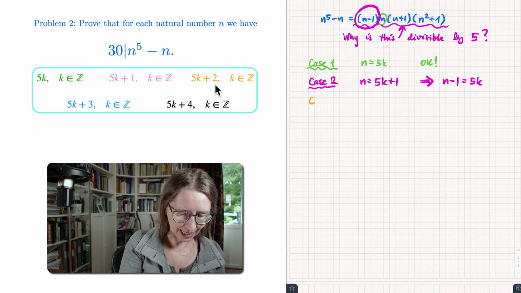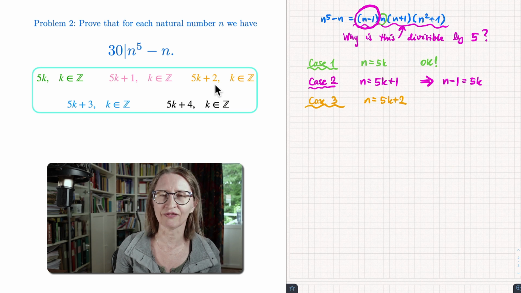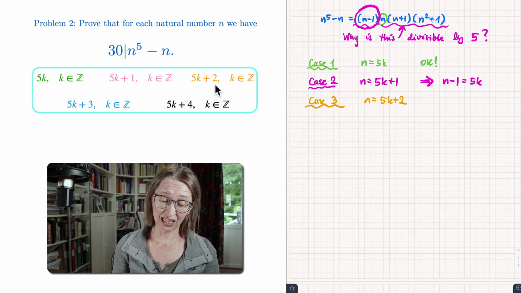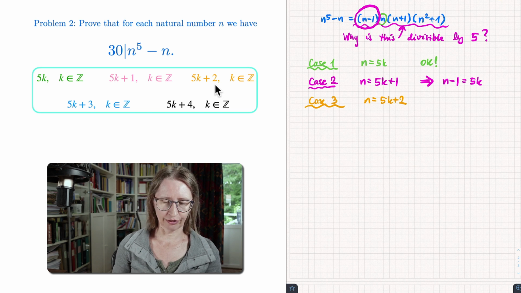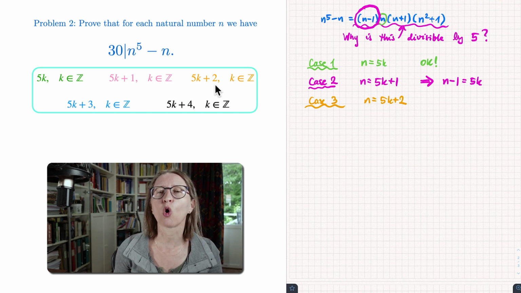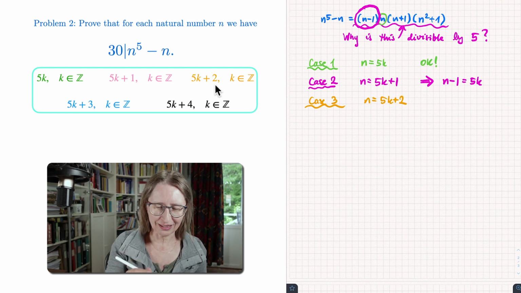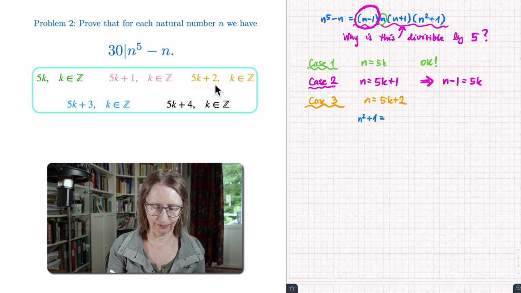The next one, case 3, is if n gives remainder 2 in division by 5. Well, n minus 1 will then get remainder 1, n remainder 2, n plus 1 remainder 3. So all our hope is in n squared plus 1. Okay, so let's see what will be n squared plus 1.